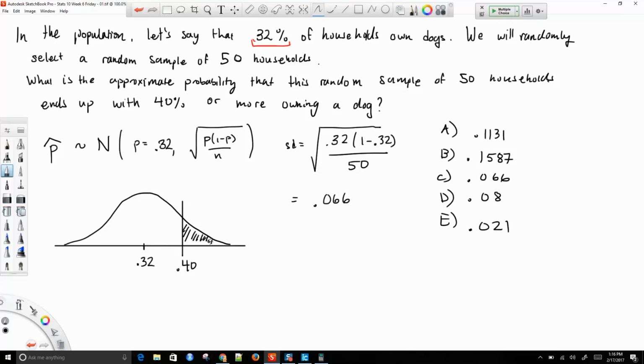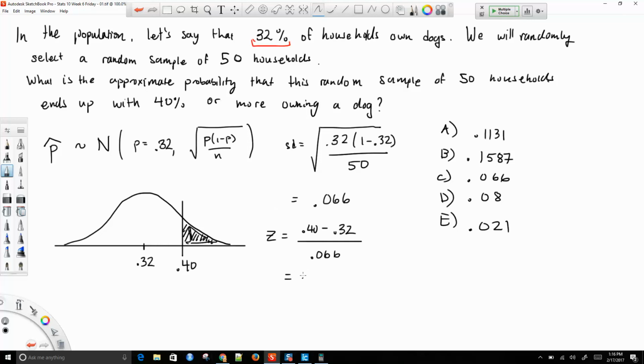So we want this side over here. And so we get our z-score: 0.40 minus the mean of 0.32, divided by our standard deviation of the sampling distribution, which later we'll call our standard error.